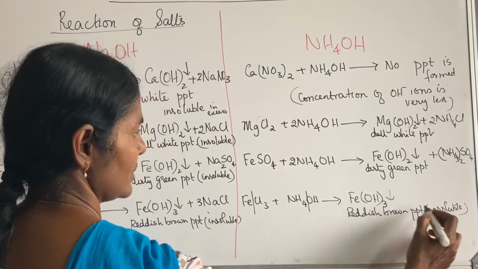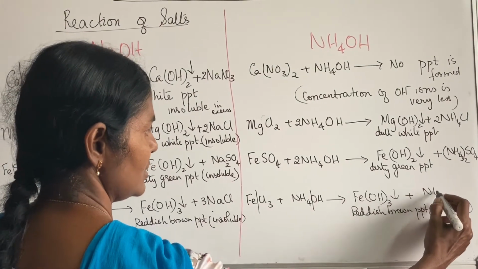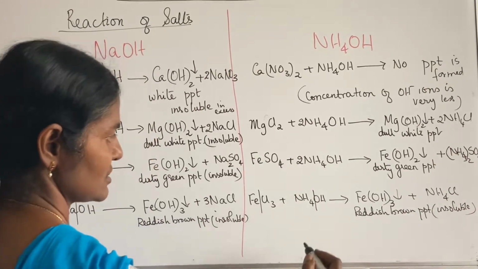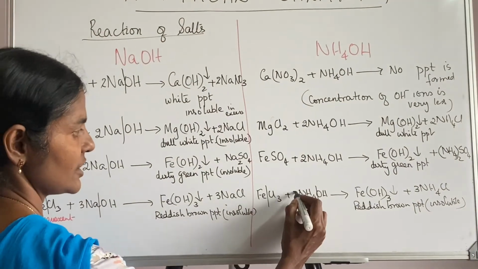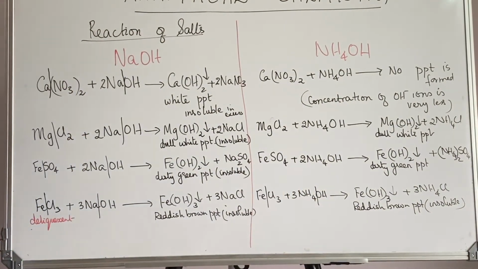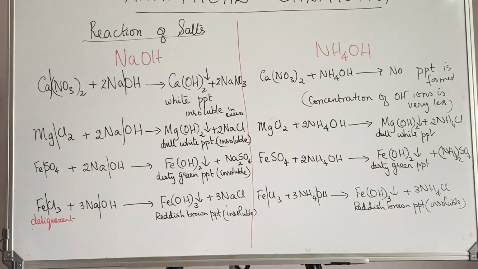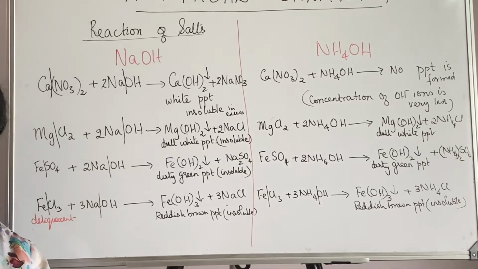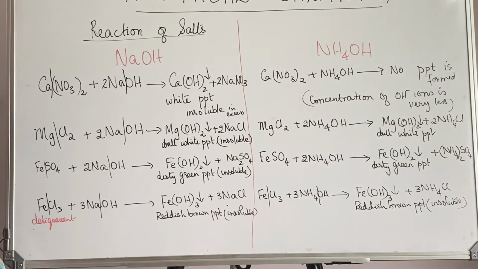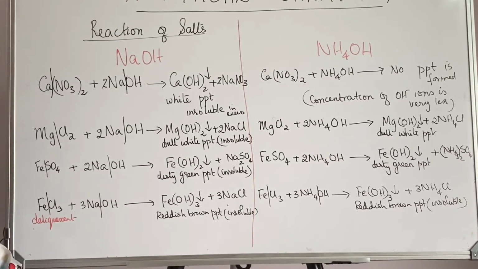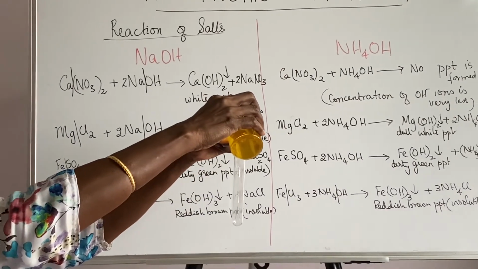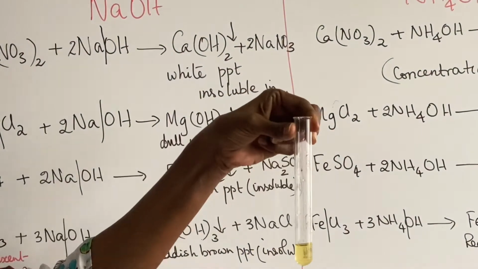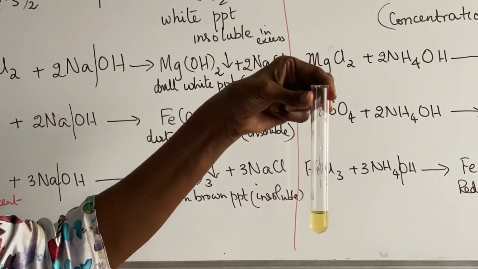Okay, and along with this you would get ammonium chloride. 3 here, so 3 molecules of ammonium chloride and 3 NH4OH. So this one, let us do it with NaOH. Let us take ferric chloride. This is ferric chloride solution, which means I have added water to it and prepared a solution.